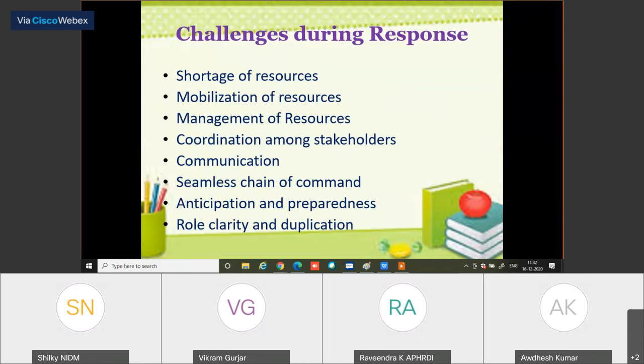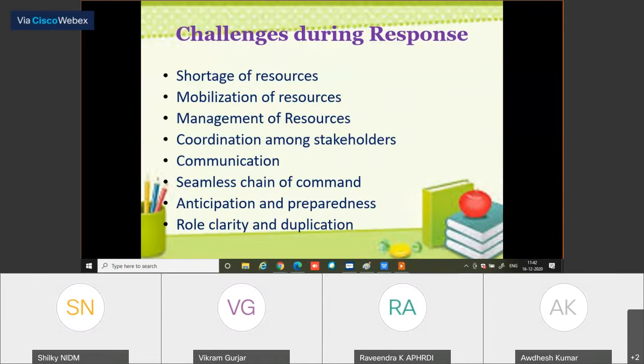And as we all know, after the adaptation of the system, LBSNAA did the study, and NIDM was entrusted with capacity building and training. In 2010, the IRS guidelines were issued by NDMA, and IRS became operational somewhere in 2019.